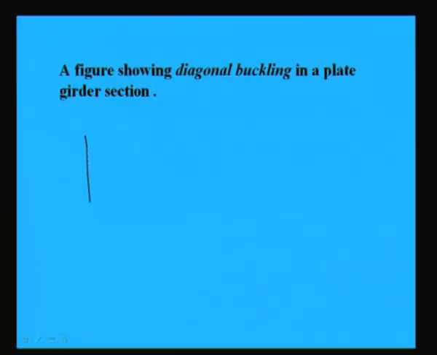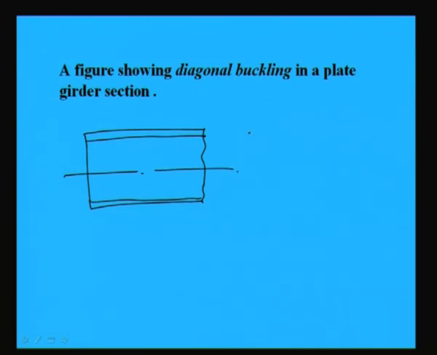Say a plate is here, say I section plate. Now, if this is the neutral axis depth and if this is the section, okay, now this is D, and what is D1?